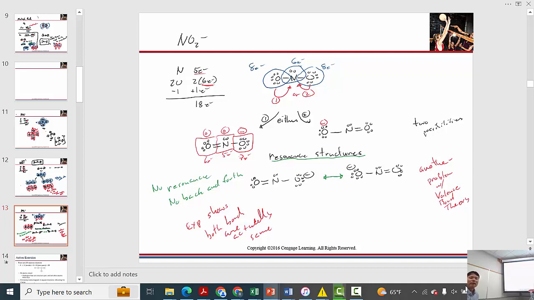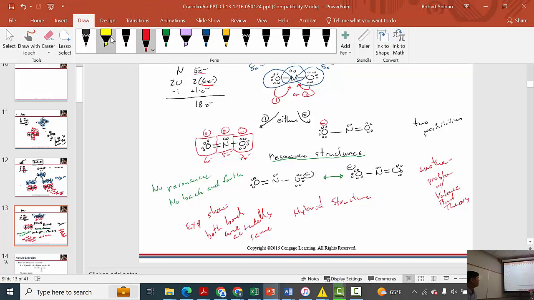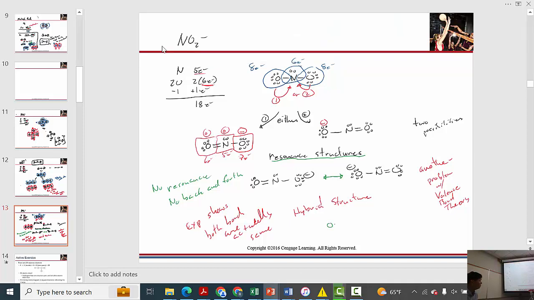So what we end up with is a hybrid structure. A hybrid is just a mix of the two structures. And the hybrid structure is going to look like this. You're not going to have to draw hybrid structures.